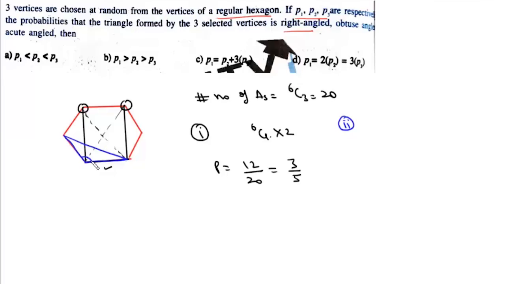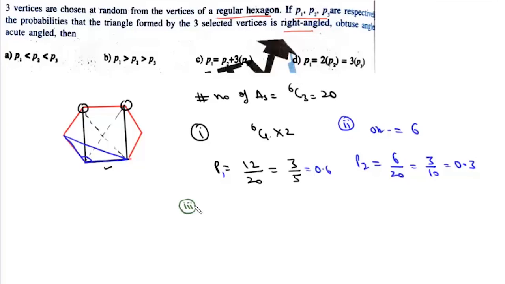Now we have already studied consecutive selection along a circle: if there are n points and we have to choose r consecutive points, it can be done in n ways. So the number of obtuse triangles will be simply 6. So this probability P2 will be simply 6 by 20, which is 3 by 10. Now P1 is 0.6 and P2 is 0.3.